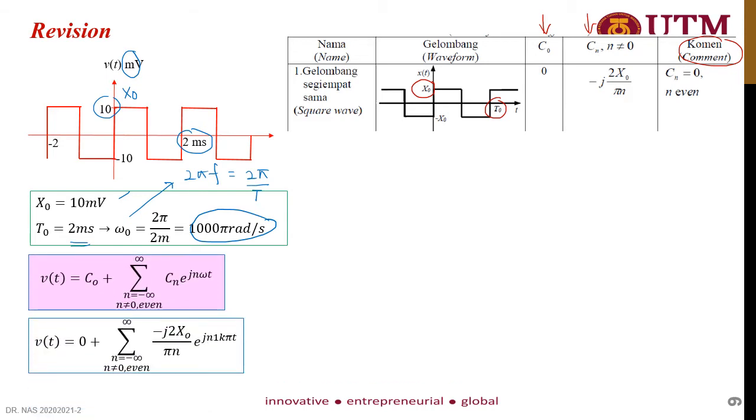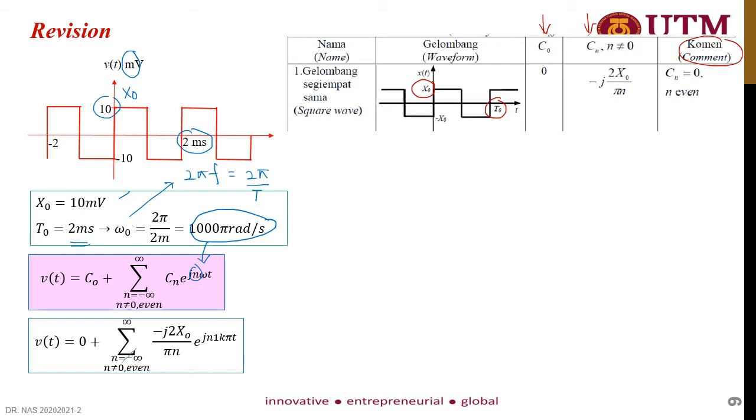Next, you need to use the general equation for the complex exponential Fourier series, in which it is the addition of C naught, the coefficient at 0, plus the Cn e^(jn omega t). So your omega here is 1000 pi radian per second. So n is the harmonics number, so you need to consider up to the number of harmonics required in a system.